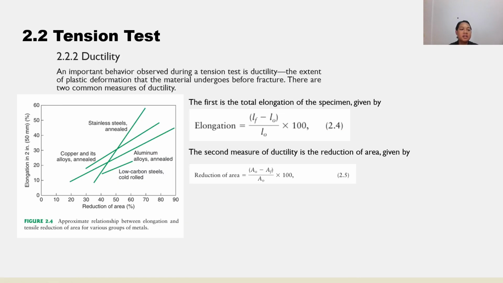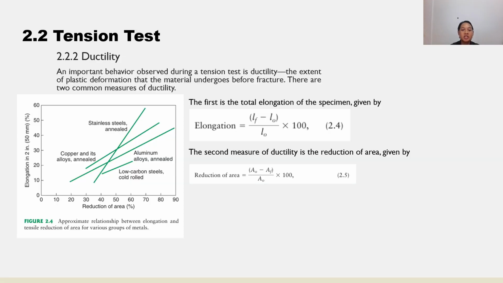After that, ductility. An important behavior observed during a tension test is ductility, the extent of plastic deformation that the material undergoes before fracture. There are two common measures of ductility.